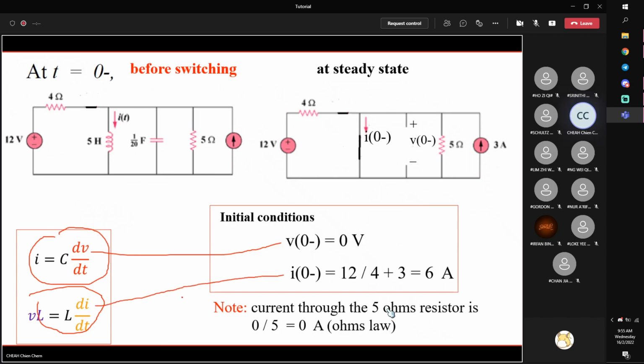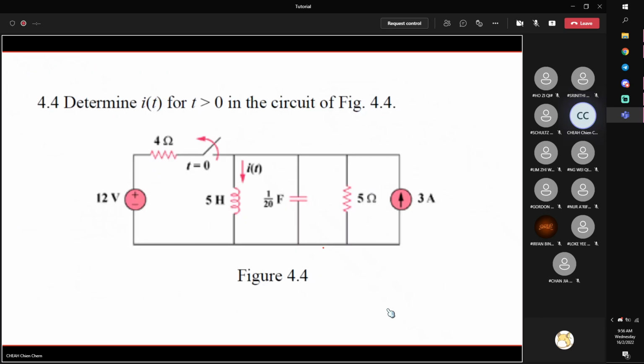Current through the inductor cannot change suddenly. Otherwise, you have infinite values here, which is not possible. Physical systems cannot go to infinity, right? It has to be finite, and this sets some constraints on these changes. Basically it's continuity, in the sense that it has to be continuous. It cannot jump.